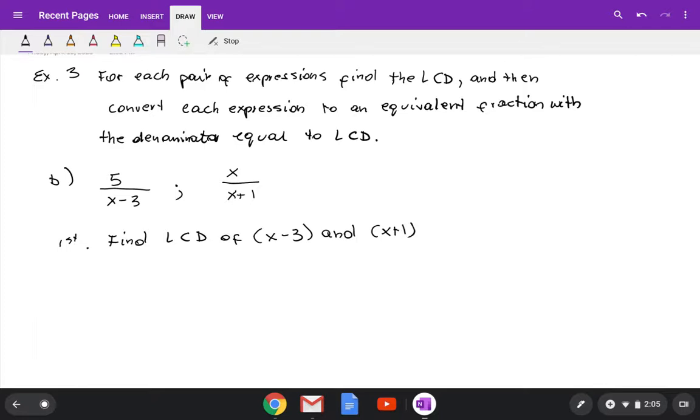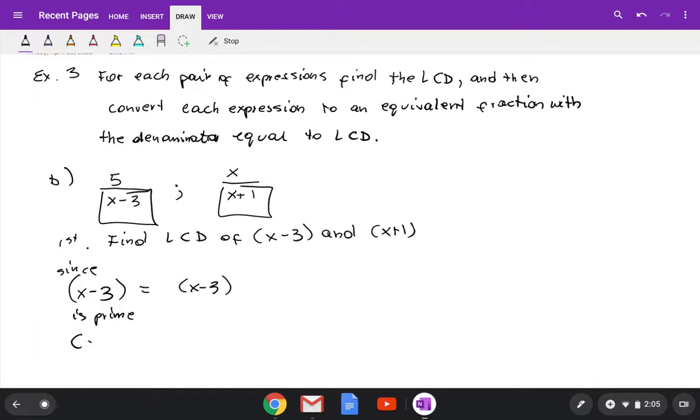This is an easy case since x minus 3, our first denominator, is prime. So you cannot factor x minus 3, we're just going to keep x minus 3. The same thing, the second denominator, which is x plus 1, is prime also. There is no greatest common factor.